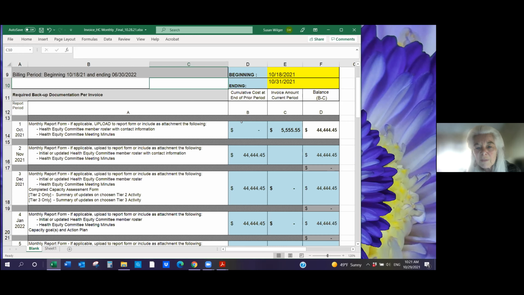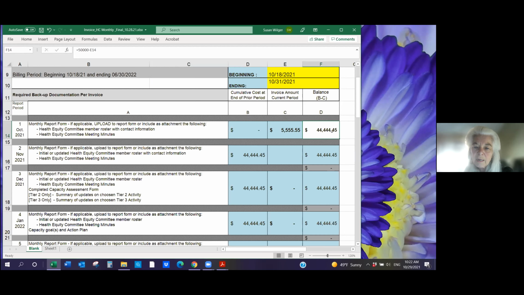So leave this blank. Column C, Madeline will fill this in for you when she sends out the invoice every month. So it's a standard rate of $5,555.55. And then the balance, or column D, is what your remaining balance is going forward.